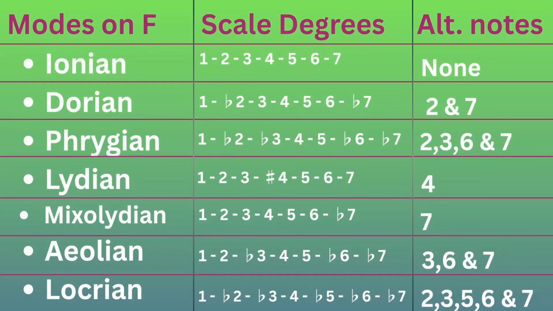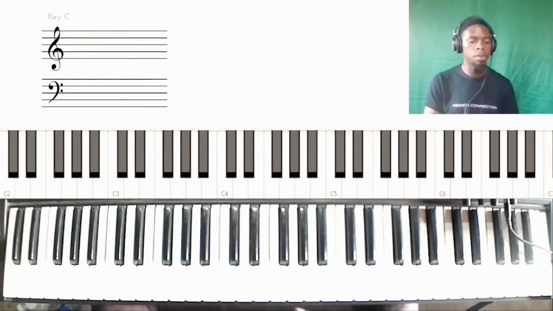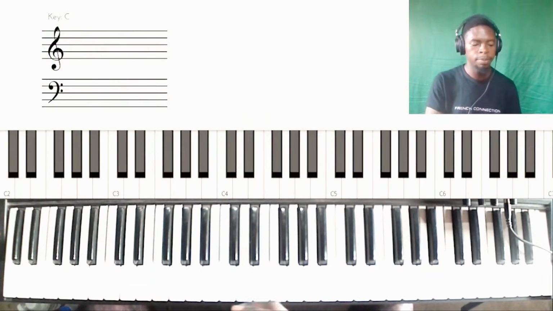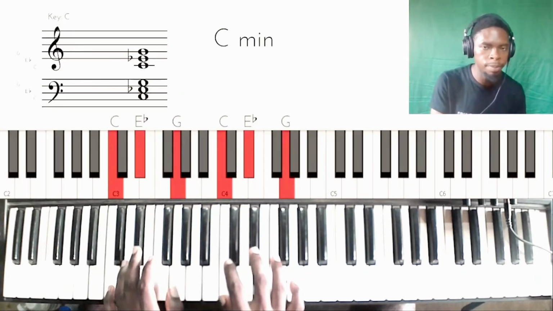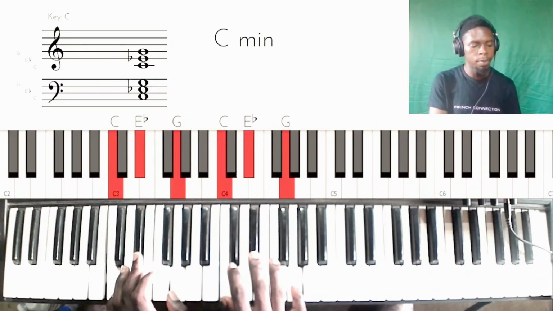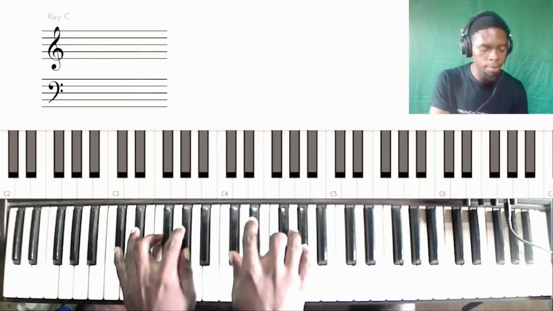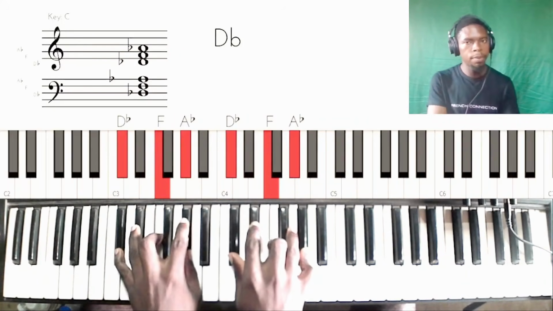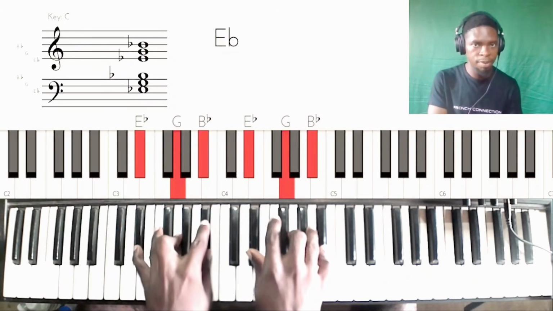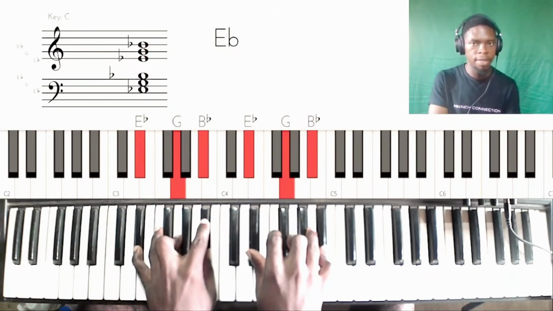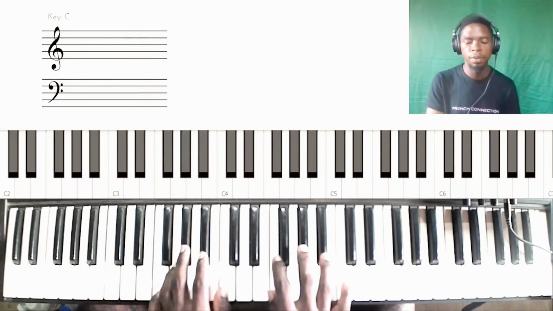Now let's map out the chords that are available for us to use on the C Phrygian mode. Okay, so first is going to be a C minor. All right, next is a C sharp major. Next is a E flat or D sharp major. Right, next is F minor.